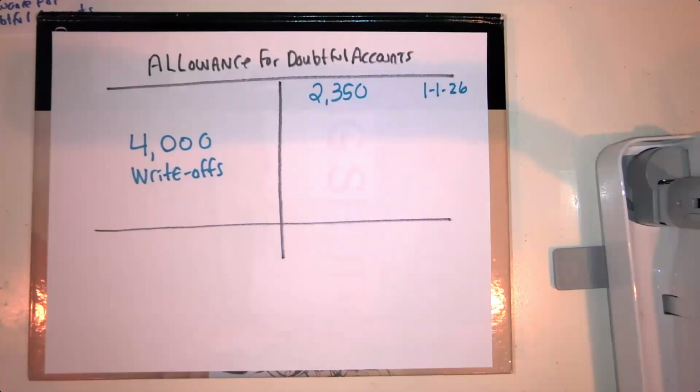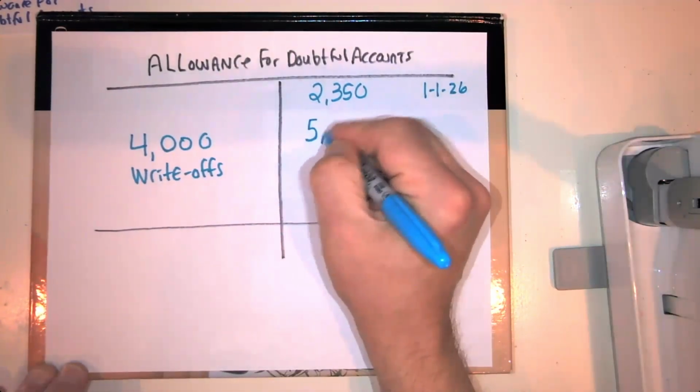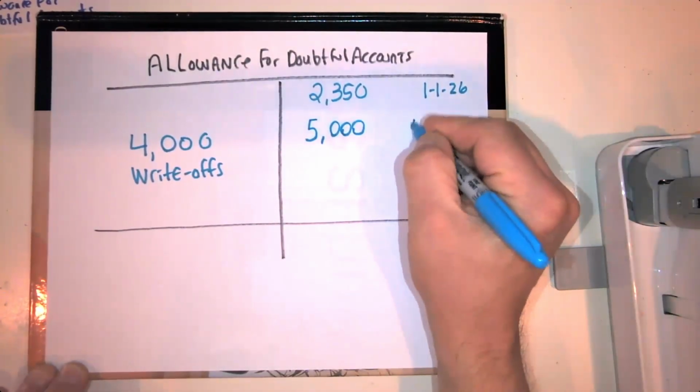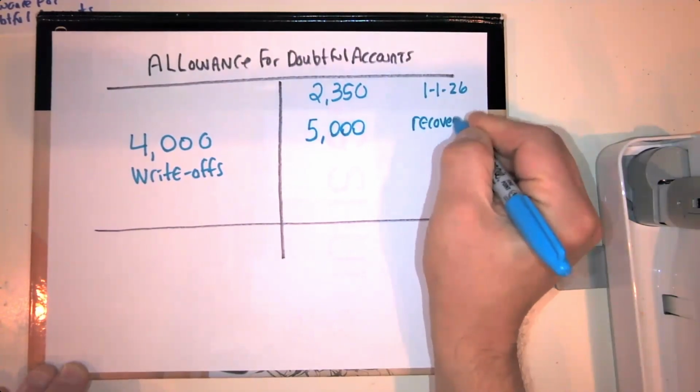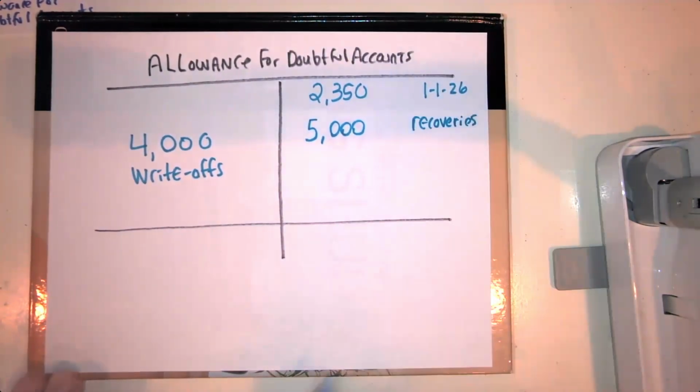And then we would have our recovery account, which is 5,000 on the credit side. We know that one of the increases to the allowance is the amount of our recoveries, given as 5,000. And then our bad debt expense, which is our X to find, on what side of the T account?